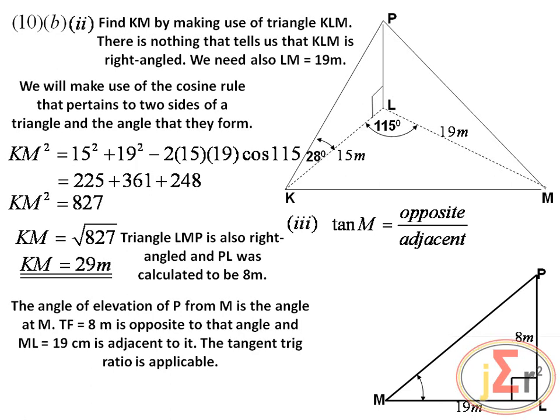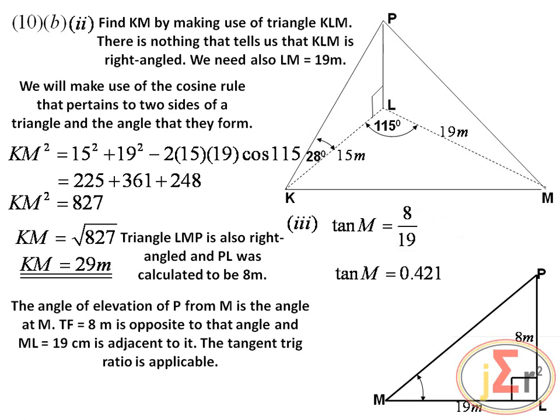What do we have? Relative to this angle, we have two sides. This one is opposite to the angle, and this one is adjacent. Opposite and adjacent implies tangent, and of course, tangent is equal to opposite over adjacent.